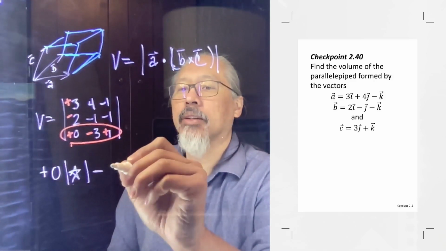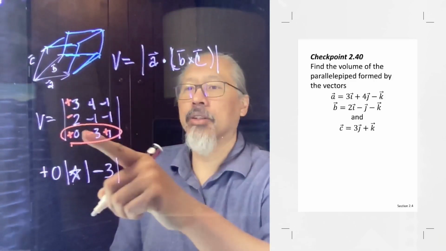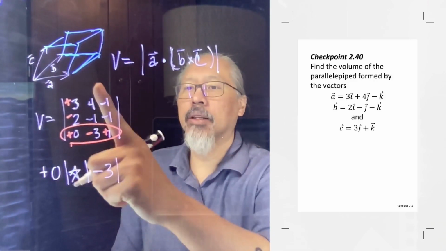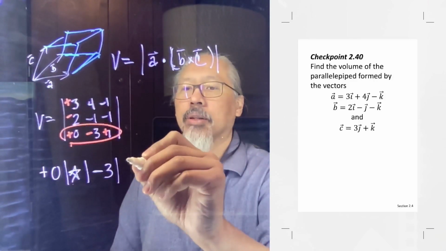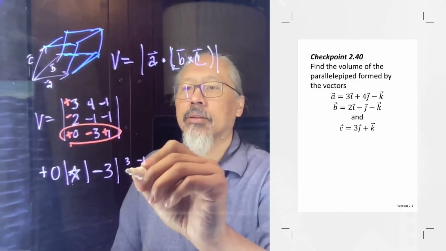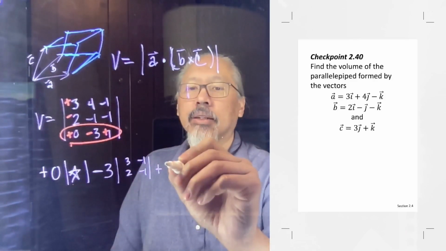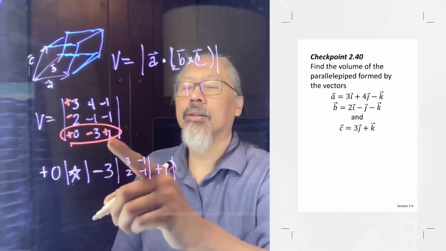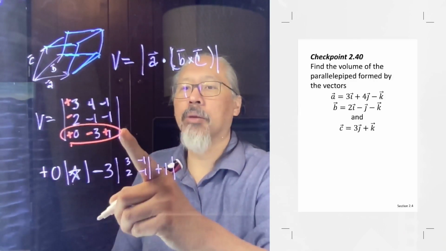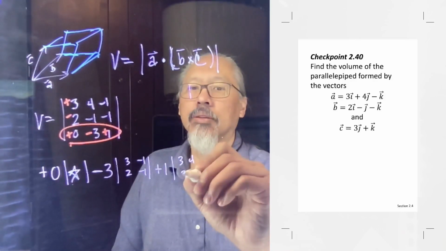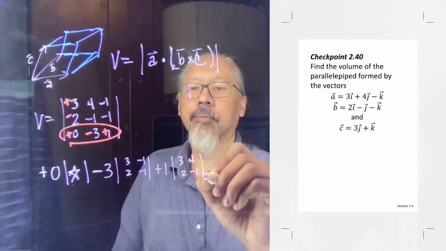The next is a 3, and the matrix associated with that, if we cross out the bottom row and the middle column, would give us 3, negative 1, 2, negative 1. And then our last element is going to be 1, and then we cross out the bottom row and the last column, we're going to get 3, 4, 2, minus 1.